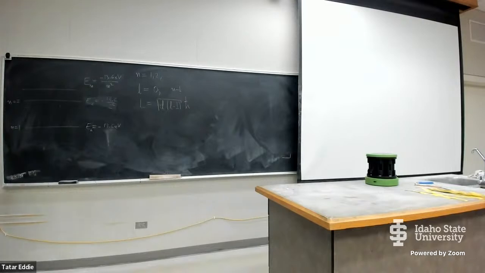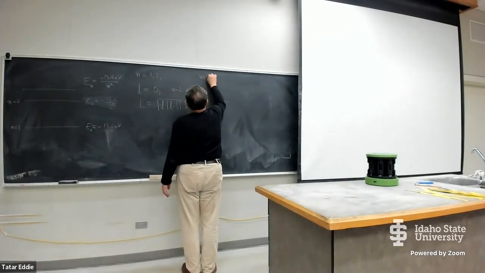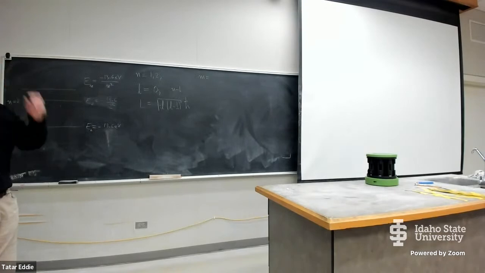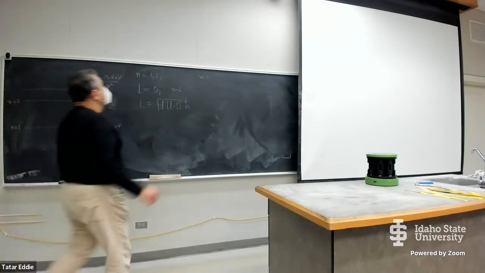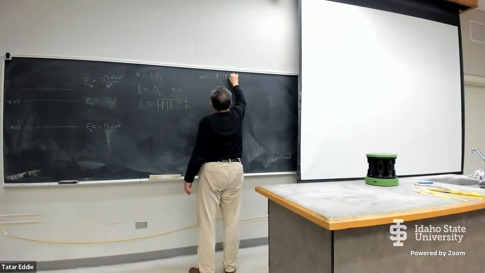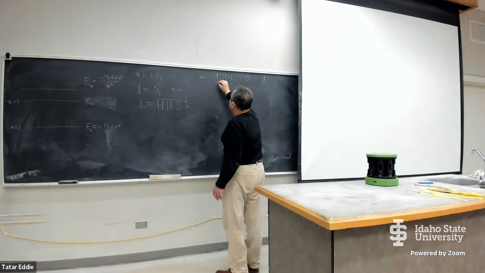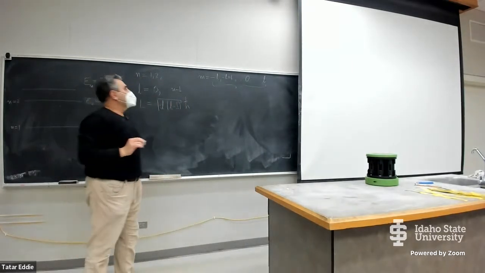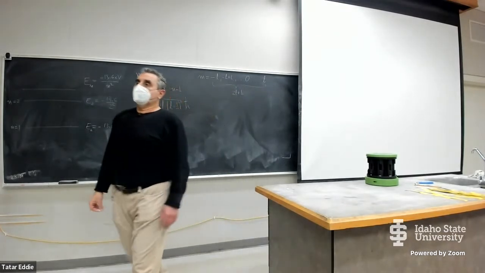The next quantum number that is needed is called magnetic quantum number, M. For an electron with orbital quantum number L, the value of that magnetic quantum number ranges between negative L, plus 1, through 0, all the way to L. In other words, the magnetic quantum number of an electron can be any of the 2L plus 1 possible numbers.